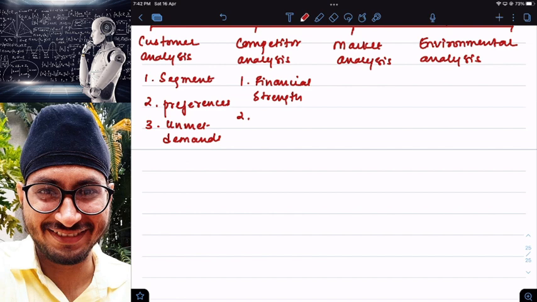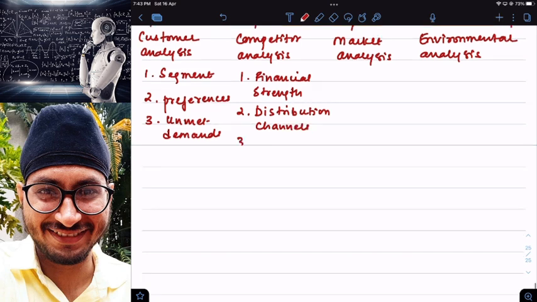Then I will verify the distribution channels of my competitors, and their promotion, meaning the advertisements done by my competitors. I will also verify the goodwill of my competitors, like the brand value and the image.